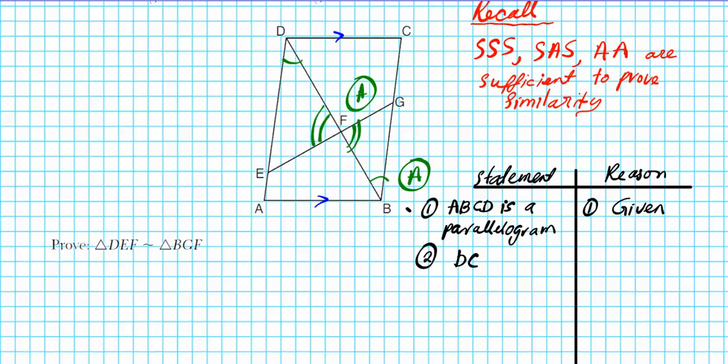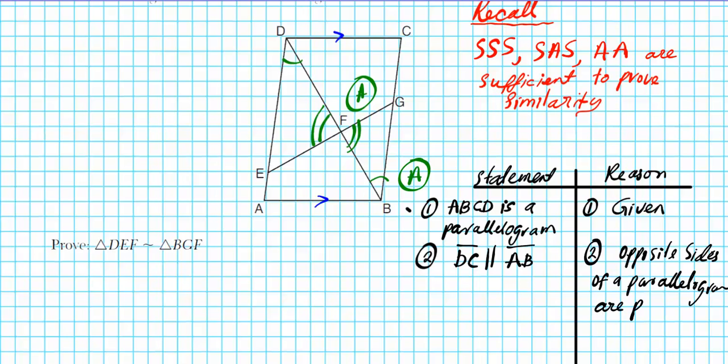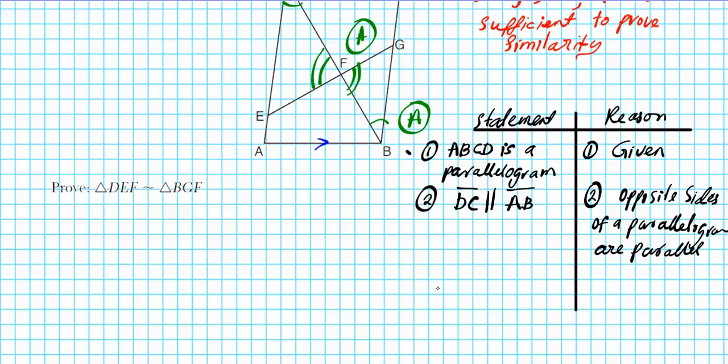So segment DC is parallel to segment AB. Okay, how do we know that? We know that opposite sides of a parallelogram are parallel.